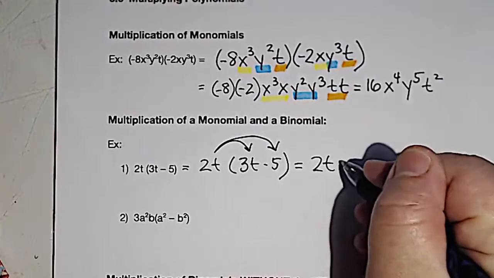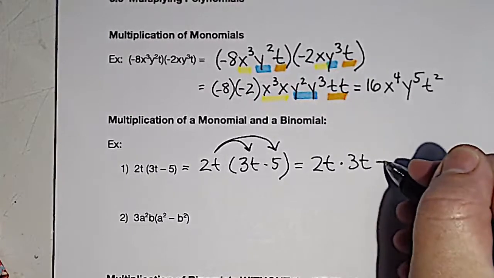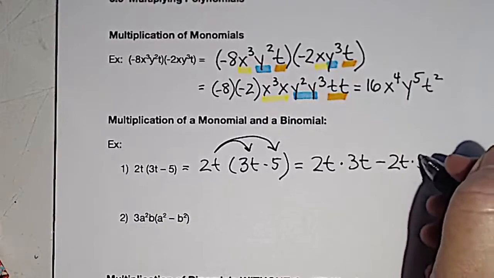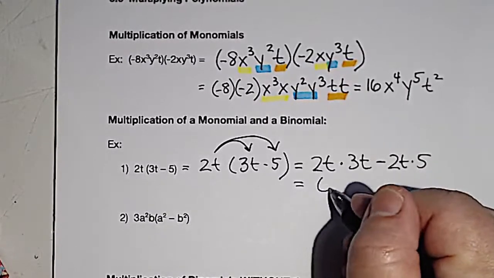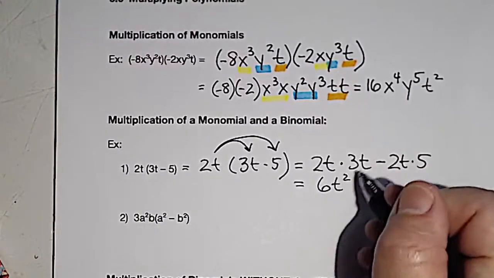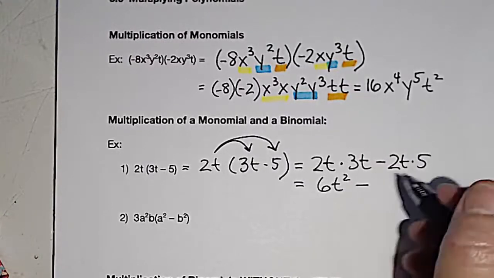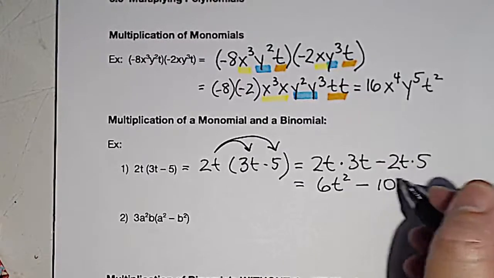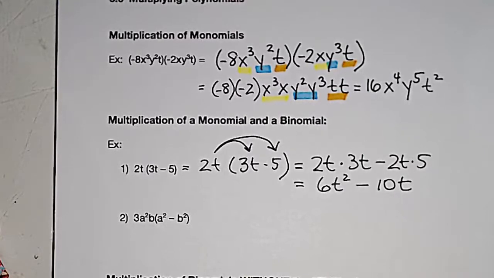This is 2t times 3t minus 2t times 5. So this is 6t squared, 2 t's make the t squared, minus 2t times 5, 10t. Woohoo! So you already know how to do a lot of this. We're just reviewing it and giving it new names.